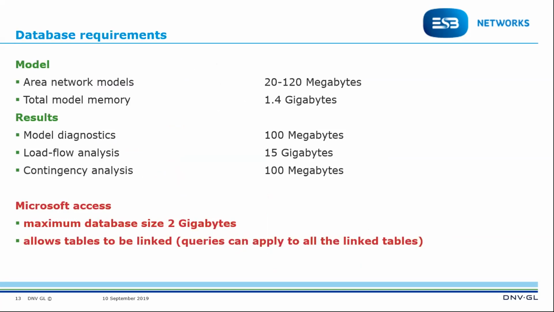One of the things we had to be mindful of with Access is that we have 20 area models, and each of those models is between 20 and 120 megabytes of data.